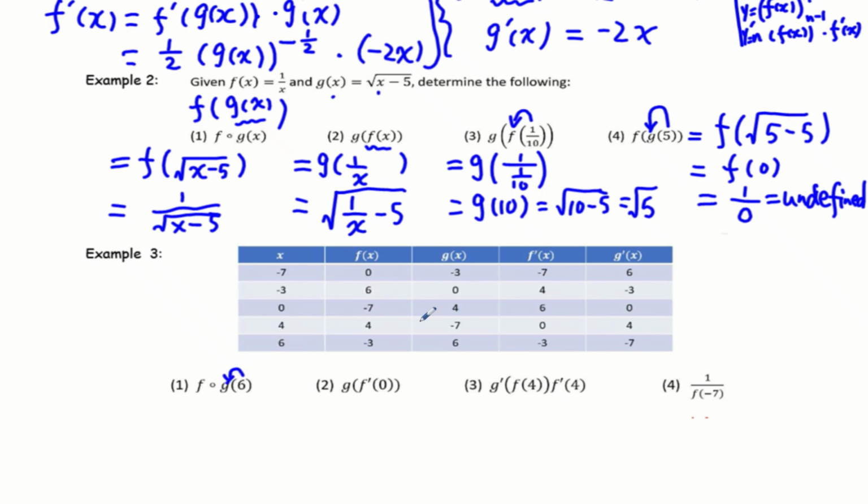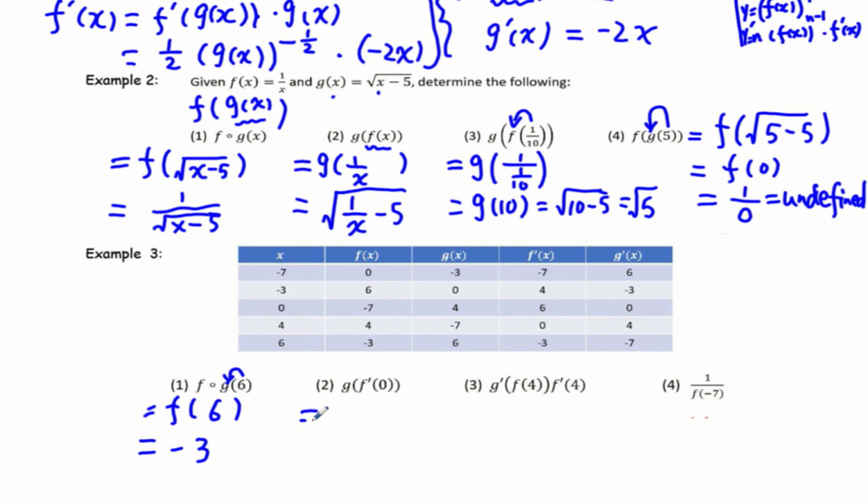Find g of 6. g of 6 is 6. So f of, where the input is g of 6, which is 6. Then we are looking for f of x when the input is 6, which is -3.